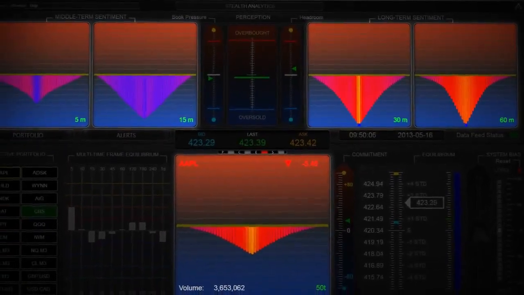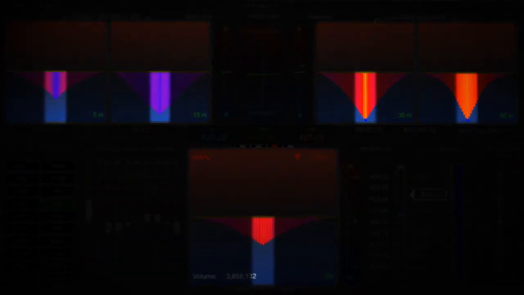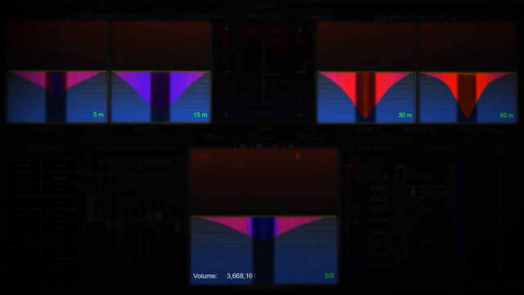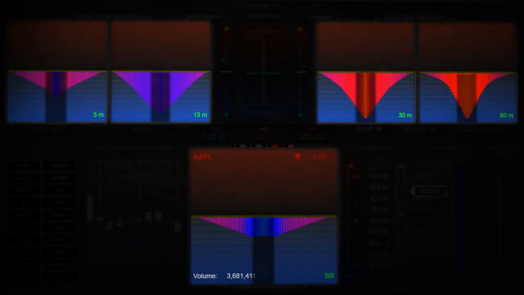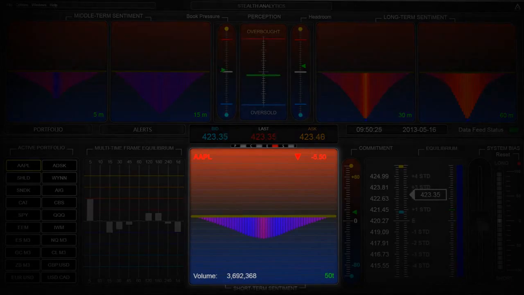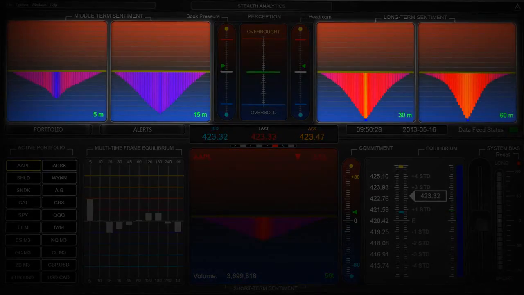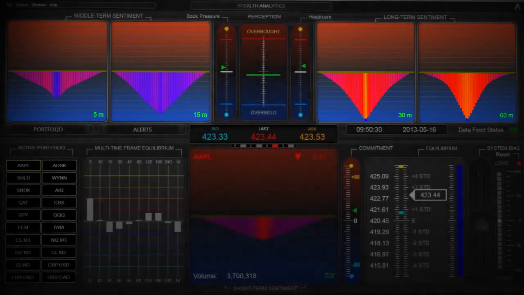In each of your sentiment gauges, the bias of the most frequent trading segment is placed in the middle of the histogram that we call the sentiment spectrum. The less active trading segments are placed to the left and right. This type of ordered display makes the visual representation of the entire sentiment gauge very intuitive to use. Your most important segment is dead center in your field of view, but your peripheral vision always keeps you abreast of what else is happening in the marketplace.